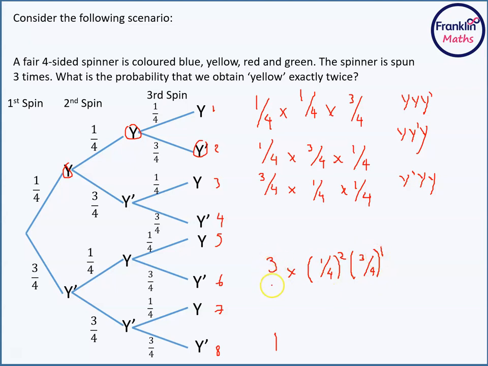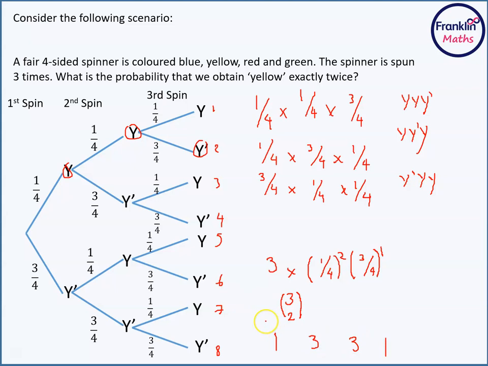Now, where does that 3 come from? Well, it comes from 3 choose 2. If I wrote out all of these outcomes, getting 1 yellow, 2 yellows, 3 yellows, 4 yellows, you'll find it's the third line of the binomial: 1, 3, 3, 1.